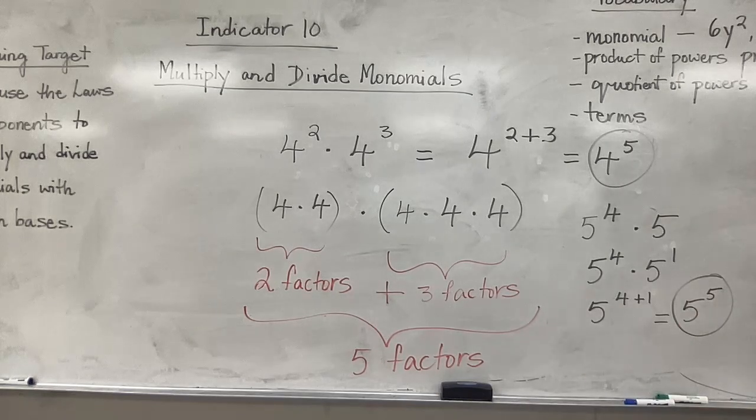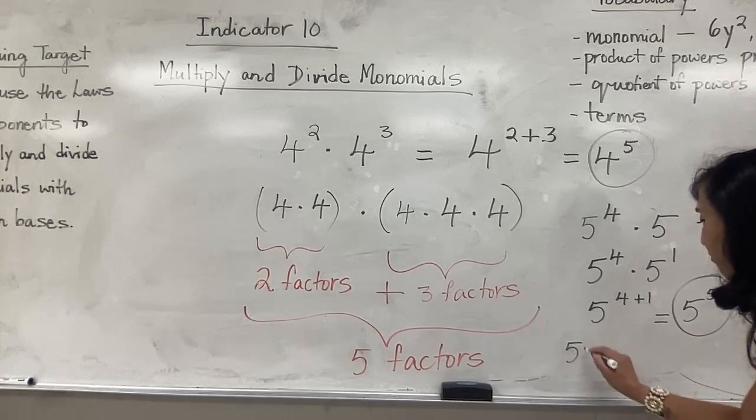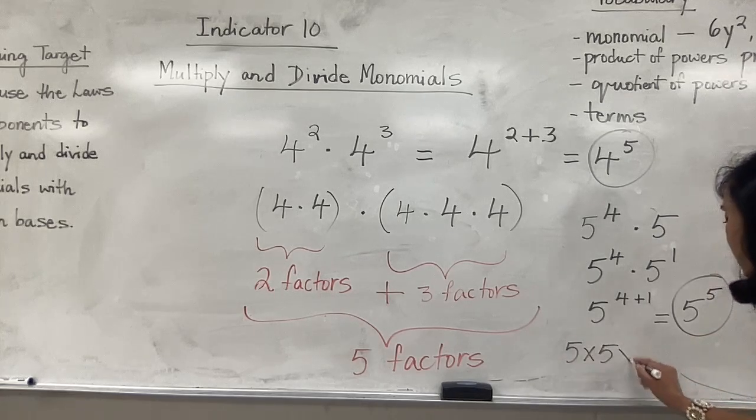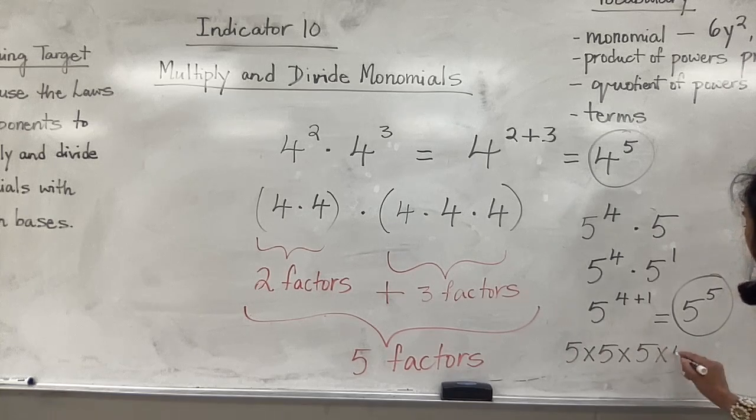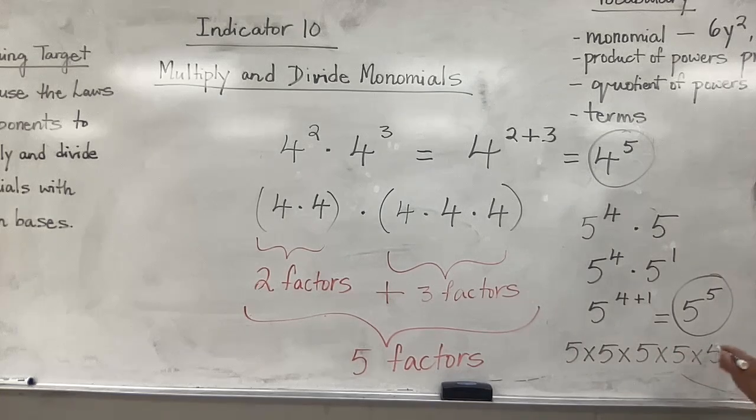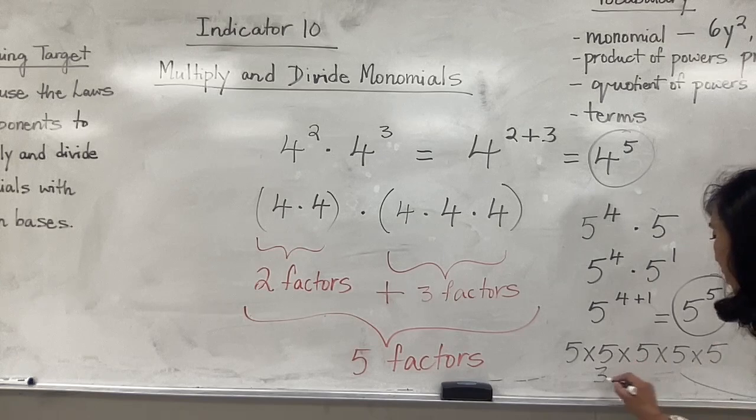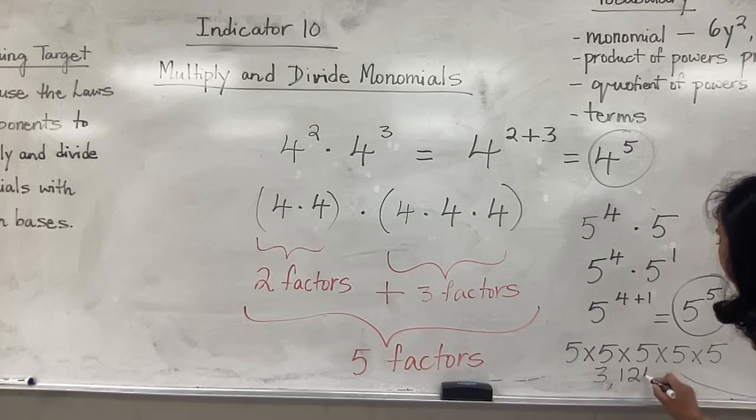And if I was simplifying this, what am I going to do? This basically means what? How many times is the factor 5 repeated? 5 times. 1, 2, 3, 4, 5. And when I multiply this, I am going to get 3,125 in standard form.